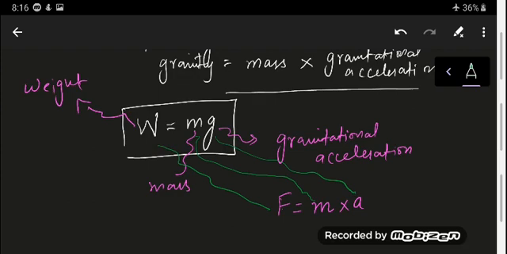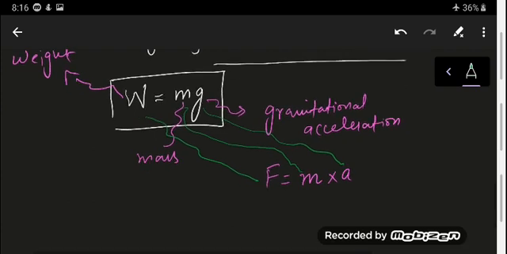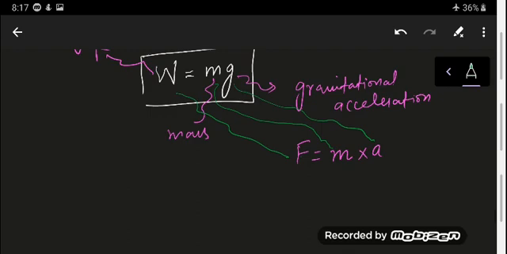And acceleration, as I've already told in the previous video, is the rate of change of velocity, how the velocity changes per unit time, right? So acceleration is the rate of change of velocity.